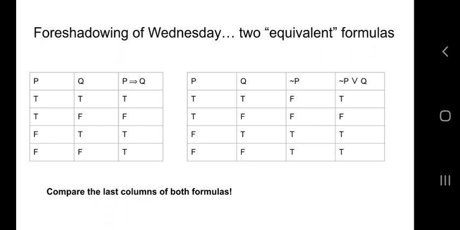But you can see that the formulas are equivalent just by drawing the two truth tables: the truth table for P implies Q, and then the truth table for not P or Q. You'll end up with the same last column, meaning the formulas are equivalent. If one formula is true, the other one's true, and if one's false, the other one's false. The two formulas always have the same truth value, given the same truth values for P and Q.